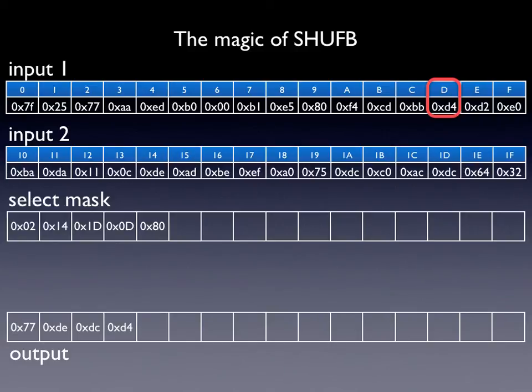If you look at input 1 and 2, the indexes, obviously there's nothing there even close to hex 80. So this is a special signal to SHUFB to say, go ahead and in this slot, insert a 0. Another one is C0, which should give you all Fs. So not only can you select from 2 input vectors and make a new vector, but you can also insert some useful constants.